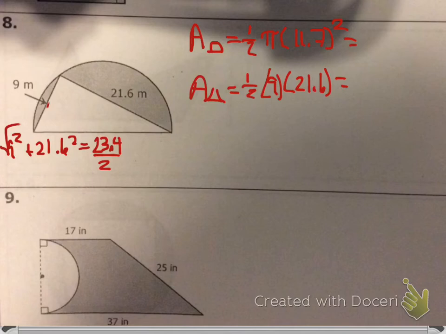215.03. And then 0.5, because 1/2 is 0.5, times 9 times 21.6, and you get 97.2. And subtract those two, 215.03 minus 97.2.